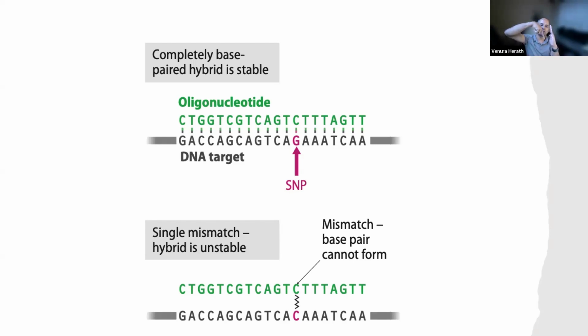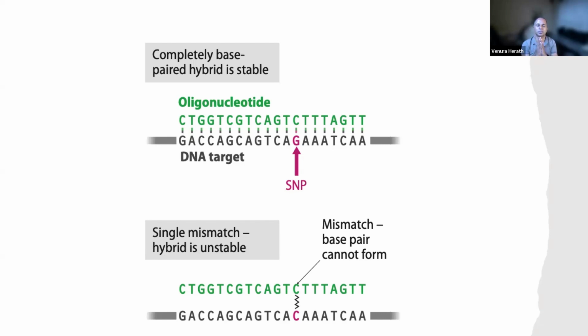If there's sequence similarity, they are going to hybridize. The interesting thing is, let's say there's a mismatch in the middle. Then, if you provide the correct conditions, it's not going to hybridize. So there is a mismatch, and you are not going to see any molecule hybridize.